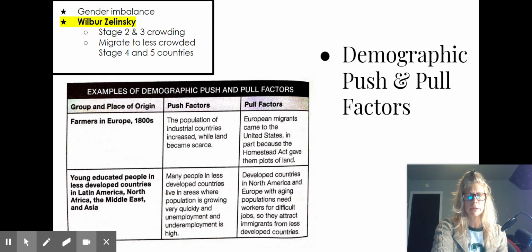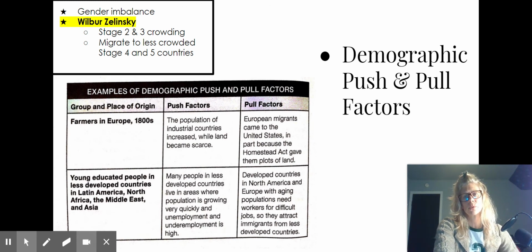Oh, I forgot about demographic. Demographic, these are also, they use farmers as an example in your book. So farmers in Europe, they also use young, educated people in less developed countries, especially in Latin America, as a push factor. Many people in less developed countries live in areas where population is growing very quickly and unemployment and underemployment is very high.